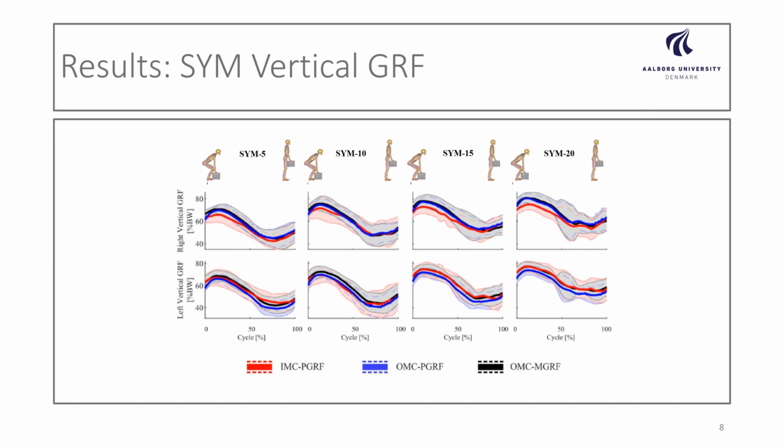And that's because the difference in the kinematics is the input to the scaling, and here we see it's affecting the prediction of ground reaction forces, and that's of course a finding as well.